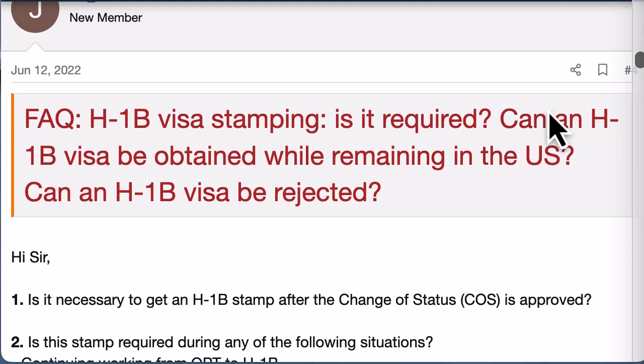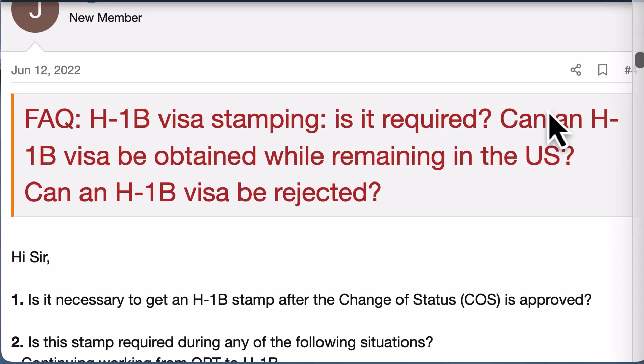But while you are in the United States, you only need your I-94 and your petition approval, which is what you get when you get a change of status within the United States. So keeping that principle in mind, is it required? The answer is no. It is only required if you travel outside.